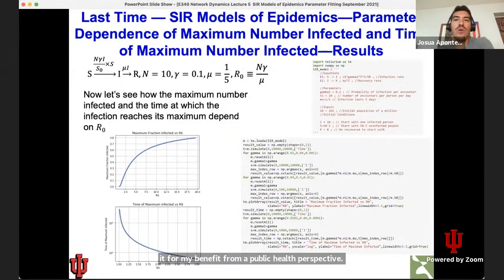Lastly, we looked at how the maximum number of infected individuals and the time to that maximum depended on R naught.